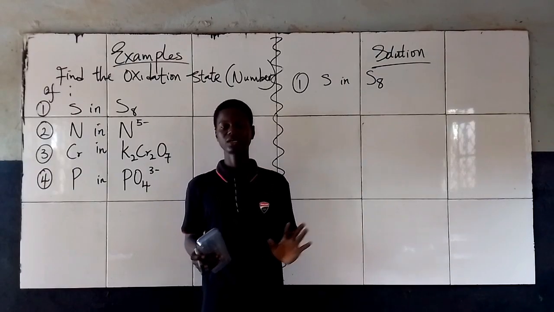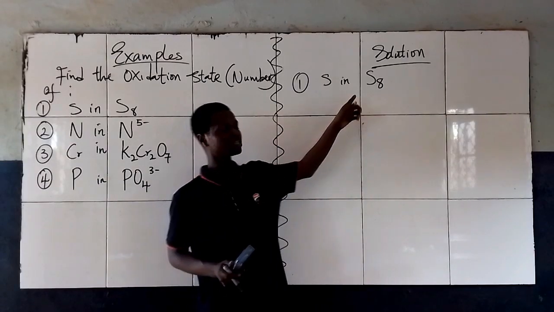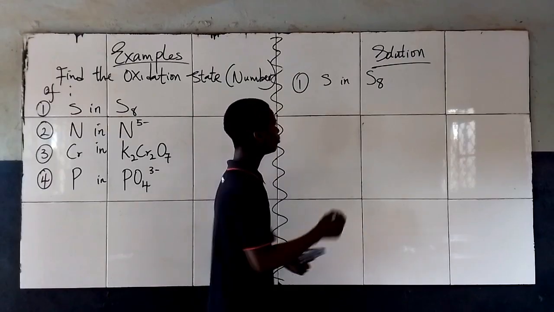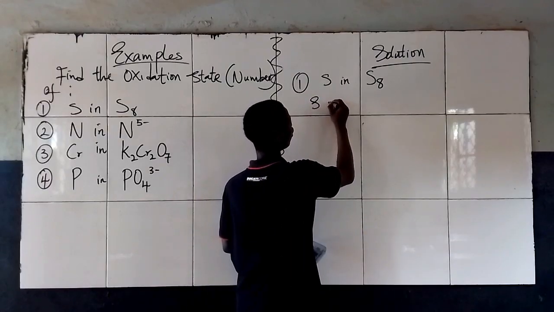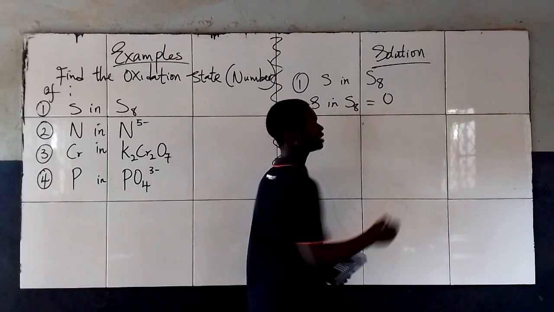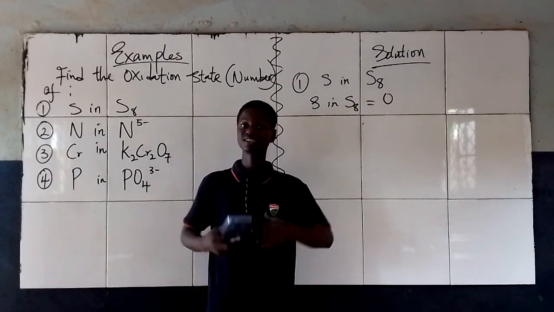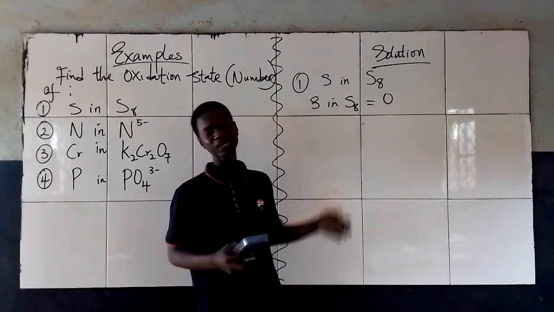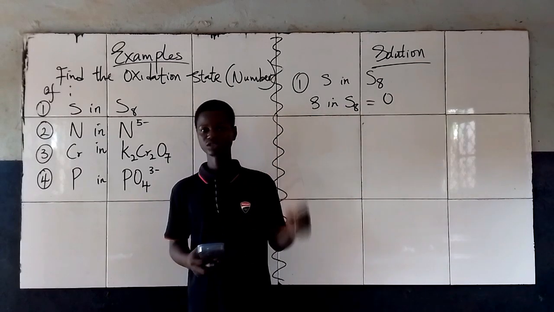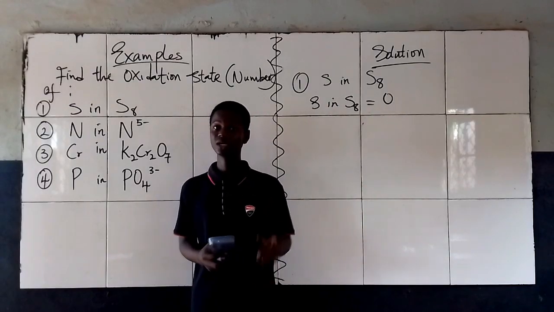So, because this is a free molecule of sulfur, or a pure form of sulfur in its natural form, it therefore means that the oxidation state of sulfur in S8 is equal to what? 0. There is no need to solve this question because this form of sulfur is the free form. So simply the answer is that x is equal to 0.